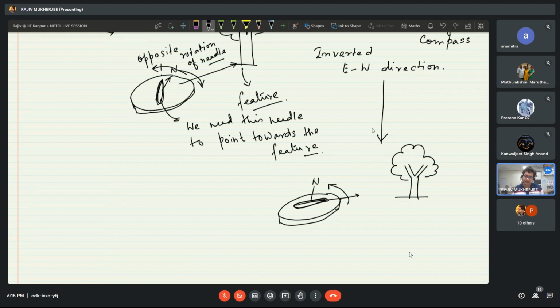So in that case, this dial is moving in this opposite direction. So to maintain that, we have inverted west and east.